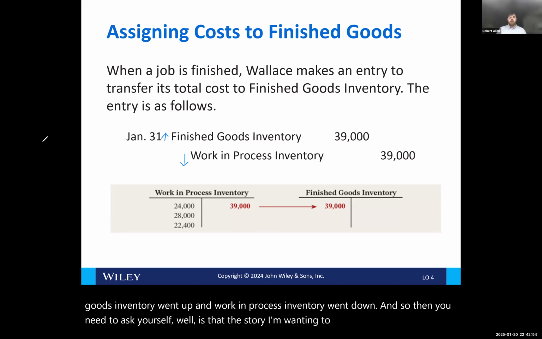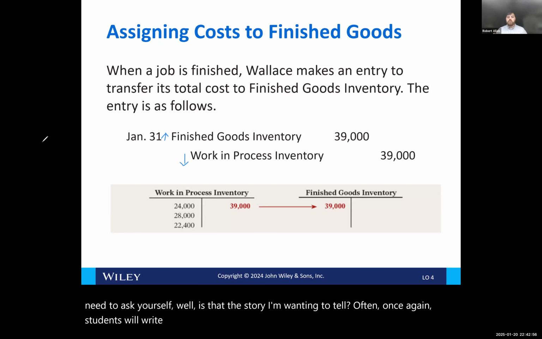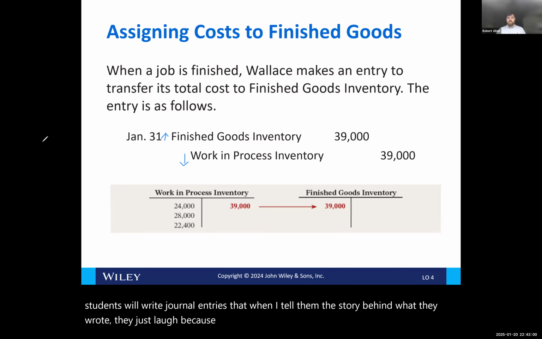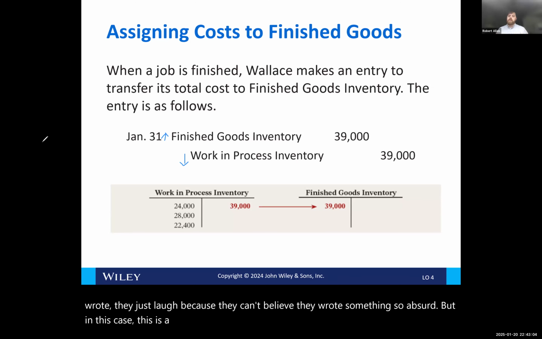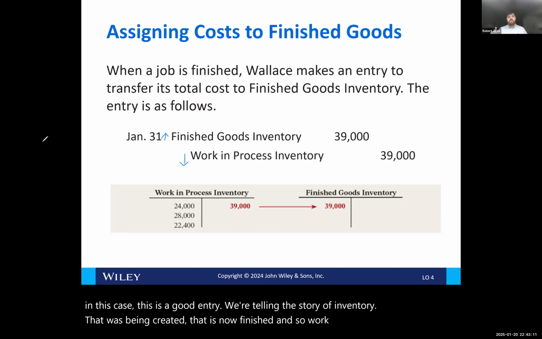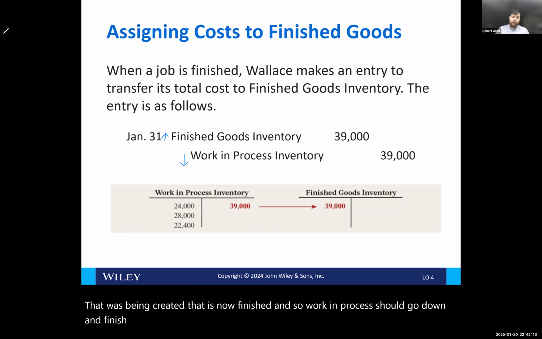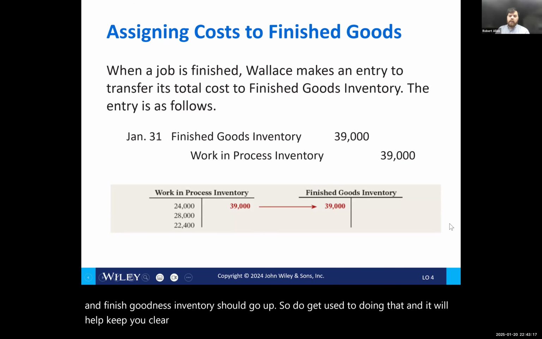Often, students will write journal entries that when I tell them the story behind what they wrote, they just laugh because they can't believe they wrote something so absurd. But in this case, this is a good entry. We're telling the story of inventory that was being created that is now finished. And so work in process should go down and finished goods inventory should go up. So do get used to doing that, and it will help keep you clear of any silly mistakes.